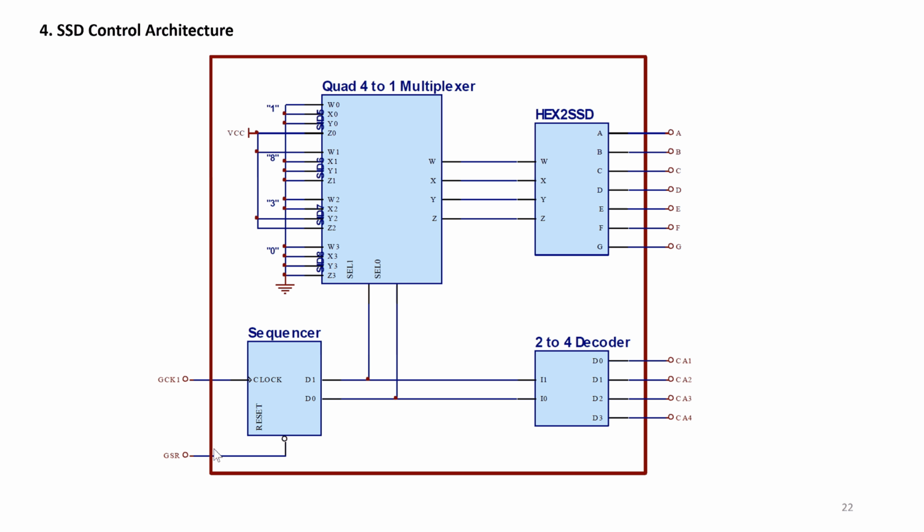Now, looking ahead at the bigger picture, this is the 7-segment display control architecture. If you look up over here, we have the quad 4:1 multiplexer that we looked at just then. We have our 2:4 decoder, the hex to SSD, which was completed last lab, and then we also have a sequencer. In this example, with your quad 4:1 multiplexer, you are multiplexing through the 4 sets of data that you need, so 1, 8, 3, 0, and they correspond with 1s and 0s, obviously.